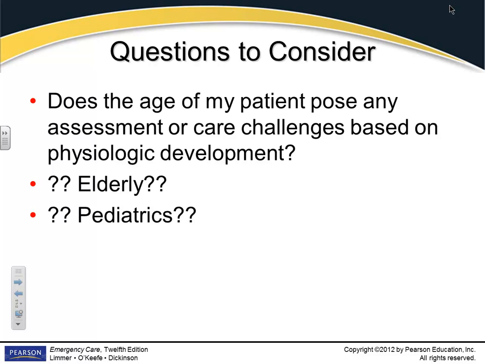All right, here's a question. Does the age of my patient pose any assessment or care challenges based on physiologic development? What about the elderly? Does it pose any assessment or care challenges based on the physiologic development? Yeah, we see it at certain times, maybe in the musculoskeletal system.